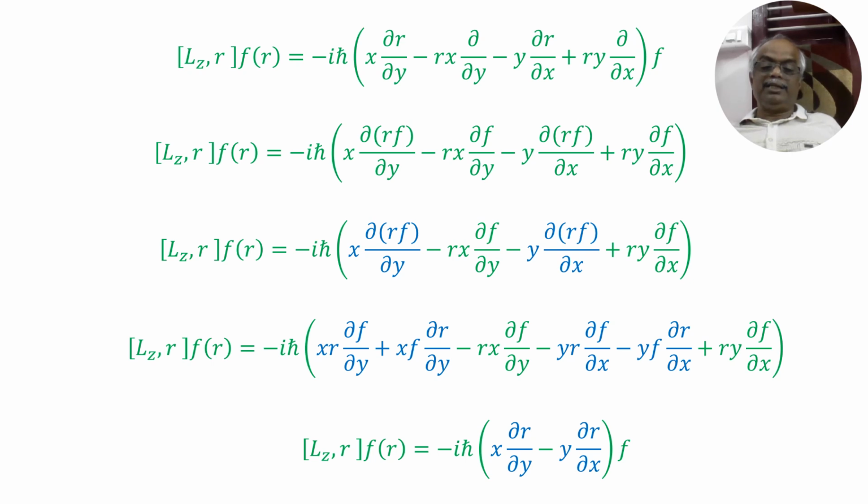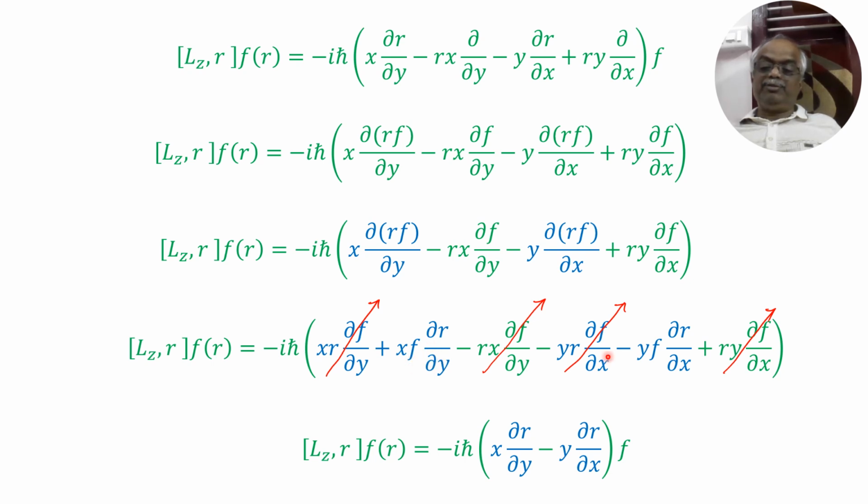Here x r delta f over delta y, here minus x r delta f over delta y. These two terms will get cancelled. Similarly, you can see here minus r y, both are the same. This and this will get cancelled because this is minus and this one is plus. Ultimately, only two terms are left.